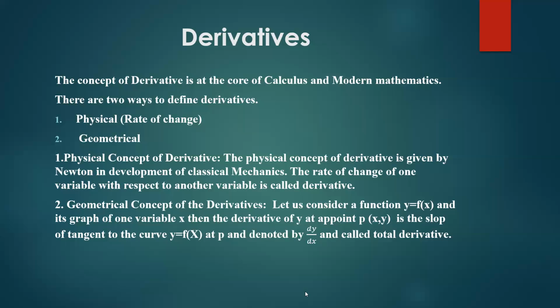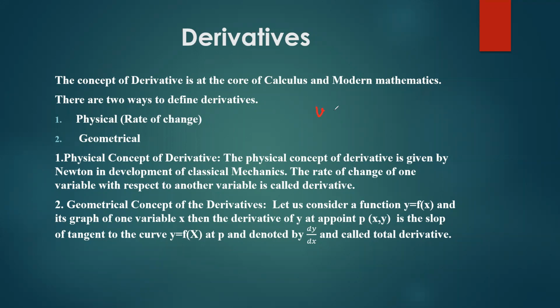If we talk about velocity, do you know what is velocity? Velocity is the rate of change of distance with respect to time. So here we have two variables, first one is distance and second is time. Here the rate of change of distance with respect to time is velocity.